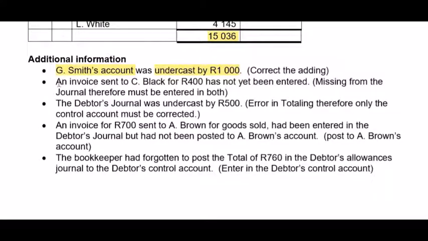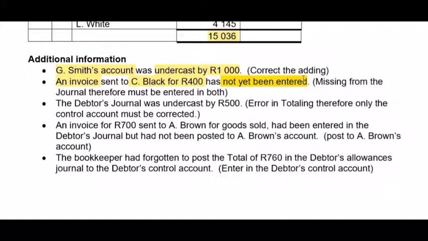Then the next adjustment says an invoice sent to C. Black for 400 Rand has not been entered at all. In other words, this invoice is not in the DJ. And if the problem is with the recording of a transaction in the journal, it will affect the debtors control account and the debtors list.